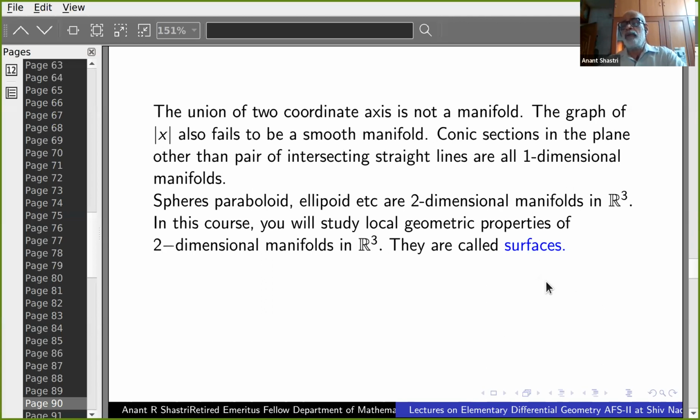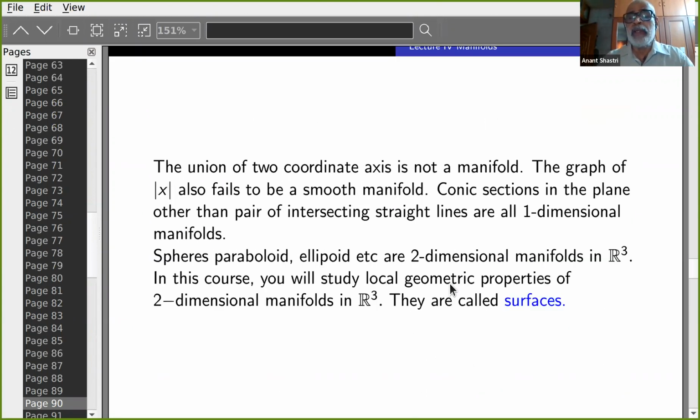Locally, in a small neighborhood, just like the parameterized curves, there will be some parameterization defined on some open rectangle or an open disk or the whole of R. So that is the beauty of taking this definition.